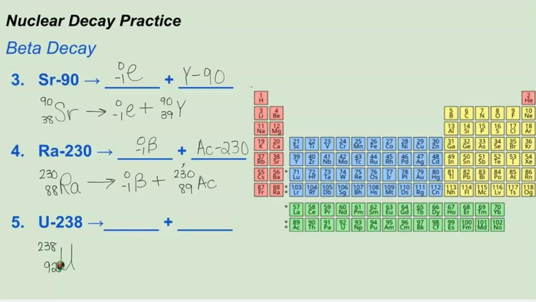Uranium is decaying into a beta particle, 0, -1, and an element with the same mass number of 238, but an atomic number that is now one higher at 93. So that is Np. So we'll fill in Np-238, and then our beta particle symbol, 0, -1, beta.